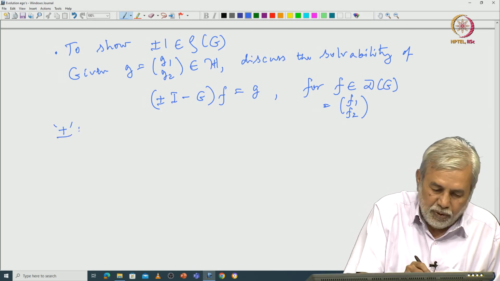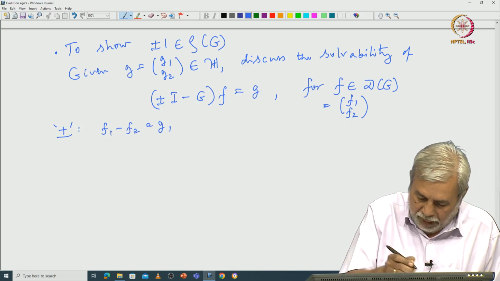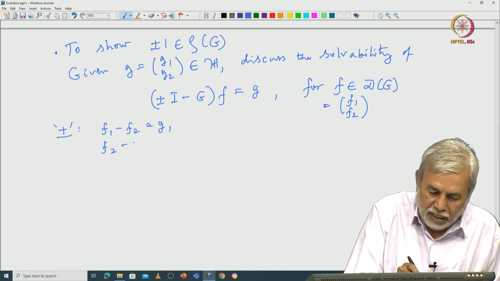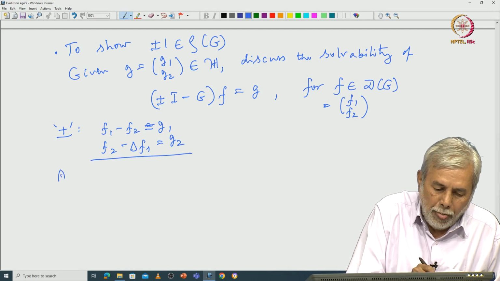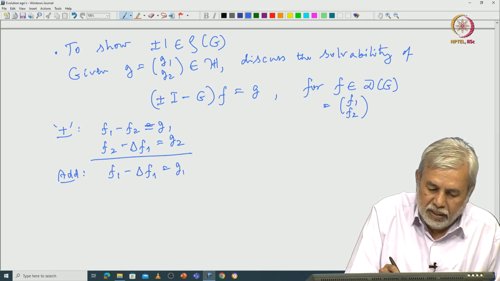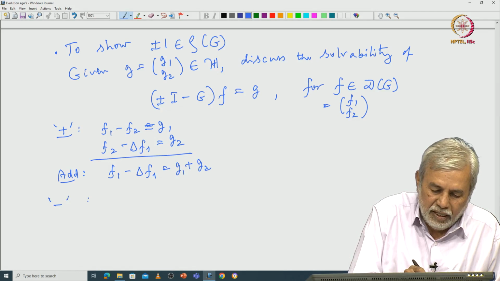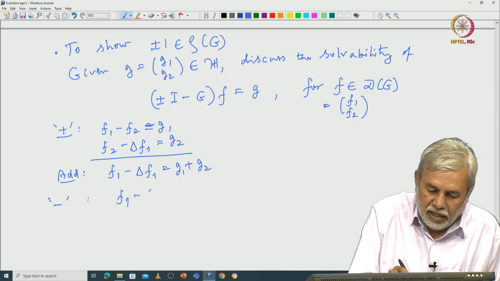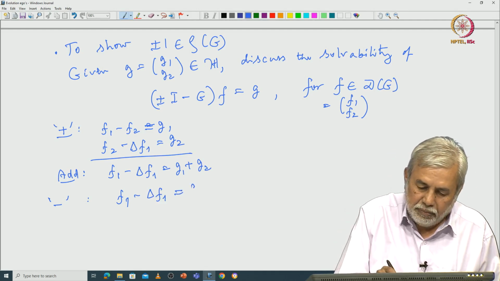So, you get f1 minus f2 equal to g1 and f2 minus Laplacian f1 equal to g2, and if you add these two, what you get is f1 minus Laplacian f1 is equal to g1 plus g2, and if you take minus sign, so similarly you get f1 minus Laplacian f1 is equal to g1 minus g2.